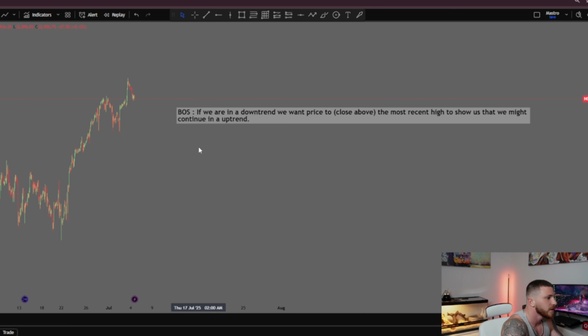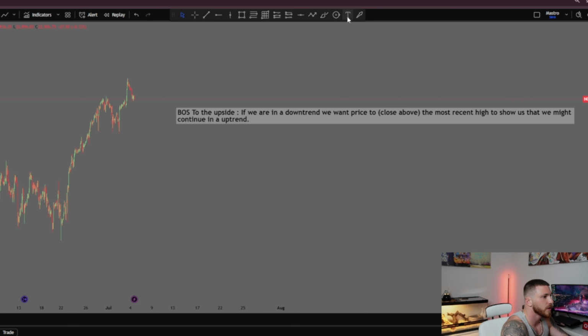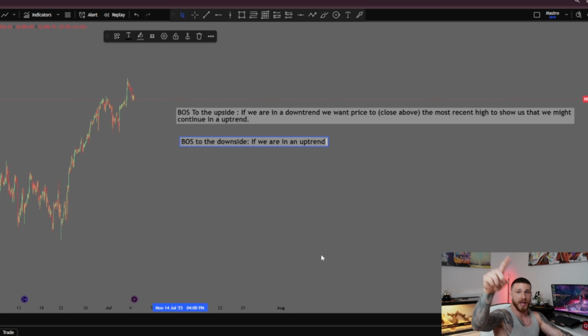All right. So now we'll do another one. So this will be a break of structure to the upside. Bang. All right, now let's do a break of structure to the downside. If we are in an uptrend, right? We're forming higher highs and higher lows, right?